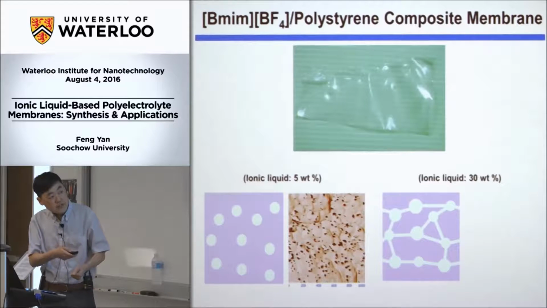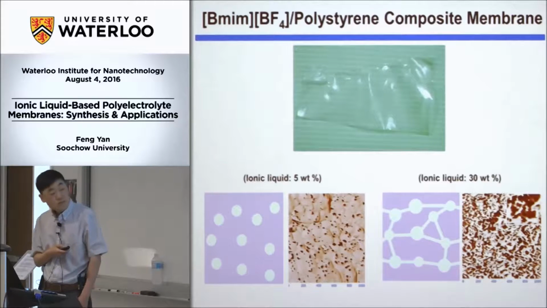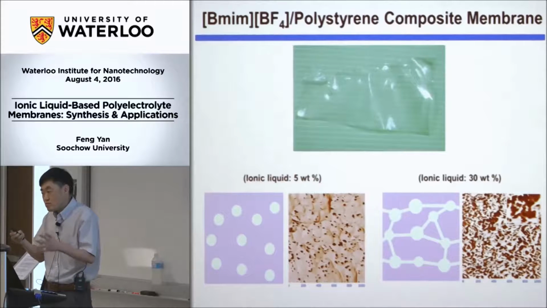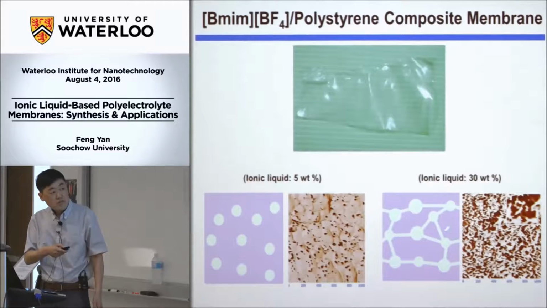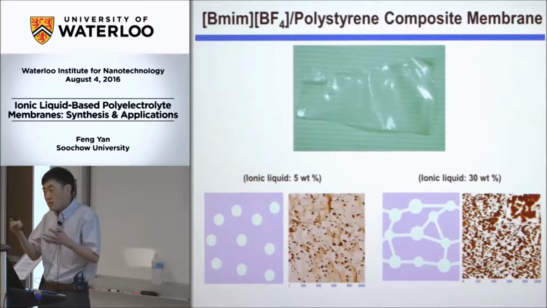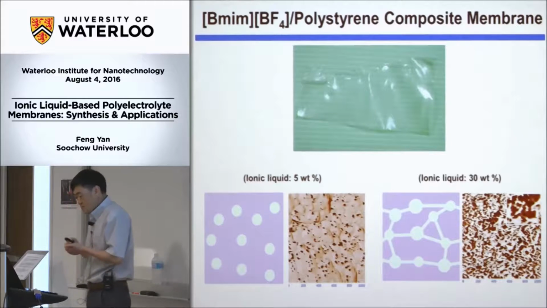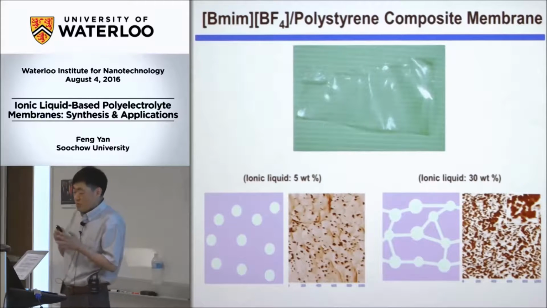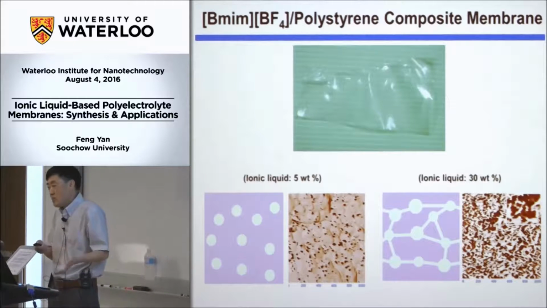And if you increase the ionic liquid content to around 30%, then you can get the networks of this kind of ionic liquid. So it's not a surprise that this kind of membrane should have higher conductivity, even at high temperatures. After this paper was published, we thought about any real applications of this kind of membranes.